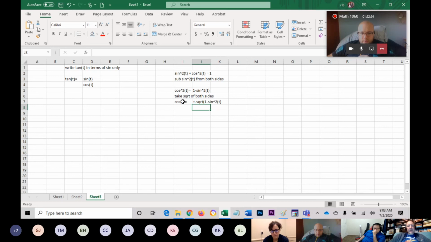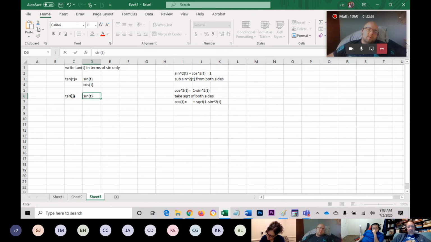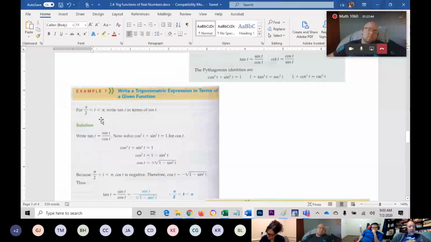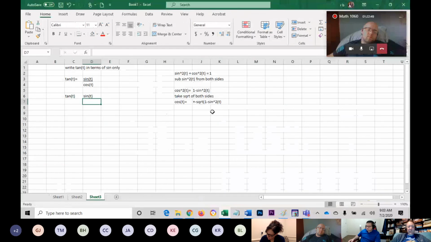Okay. Now the nice thing, since I've solved this for the cosine, I can now substitute this in where this was here. So I've got the tangent of t equals the sine of t, that's my numerator. And now the problem is I've got a plus or minus here. Now let's think, according to my example here, I'm looking where t is between pi halves and pi.